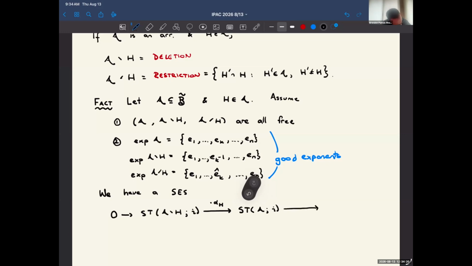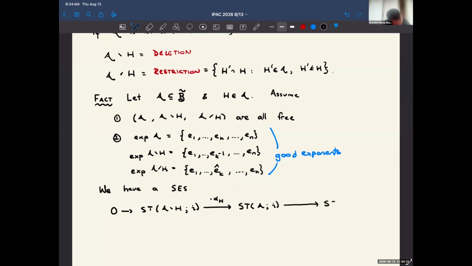And over here, I have the Solomon-Terao algebra of my restriction, and this goes to 0. This last map is a canonical projection, really. The coordinate ring of a hyperplane is naturally a quotient of the coordinate ring of the corresponding space. So that's a degree 0 projection.